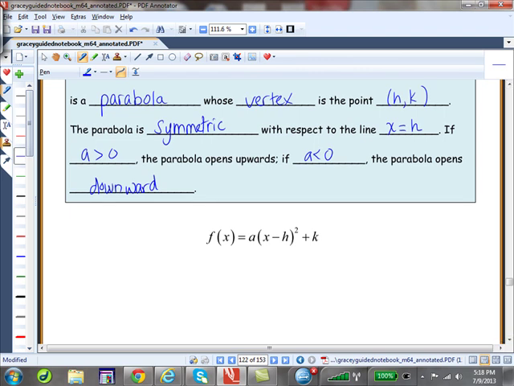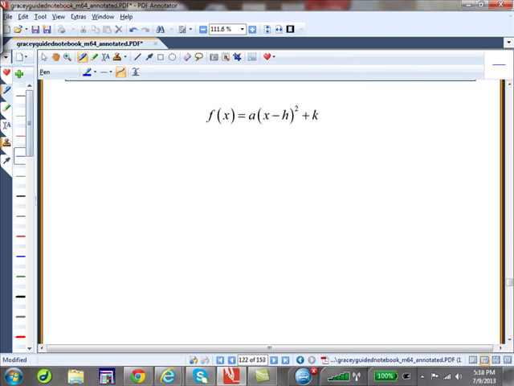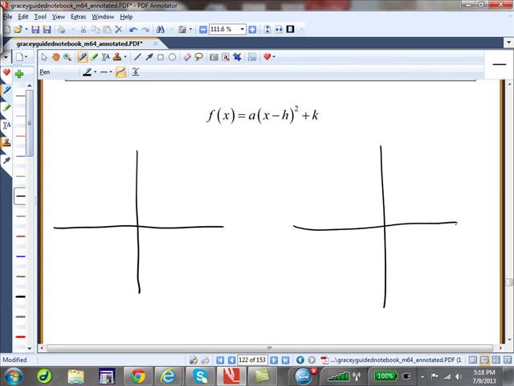So here we go. There are so many different cases we could show you. I'm just going to draw a couple of different cases of parabolas, one that opens upward, one that opens downward, and then we'll go from there. So if we had something like this, where this is x, this is f of x.